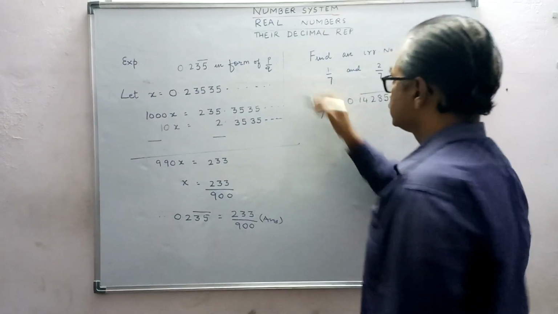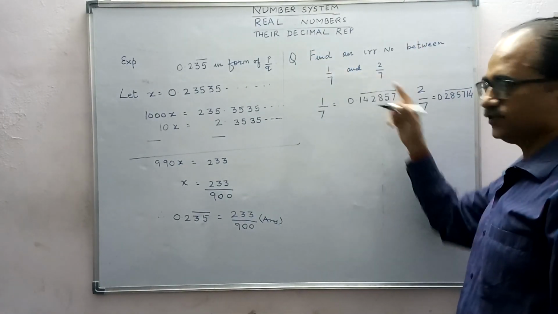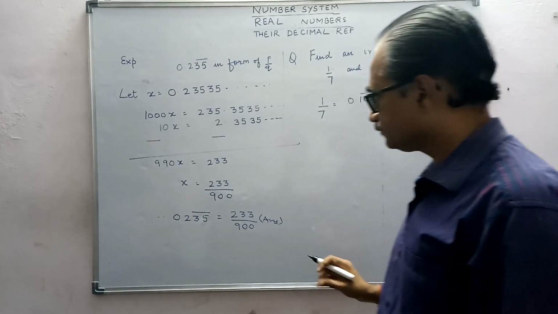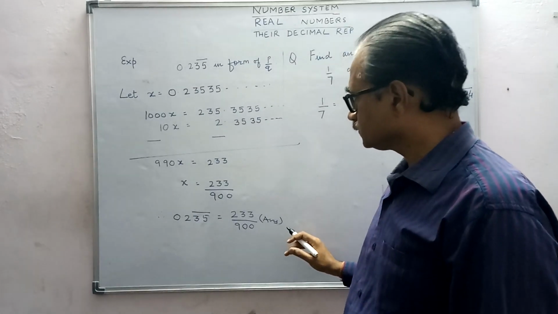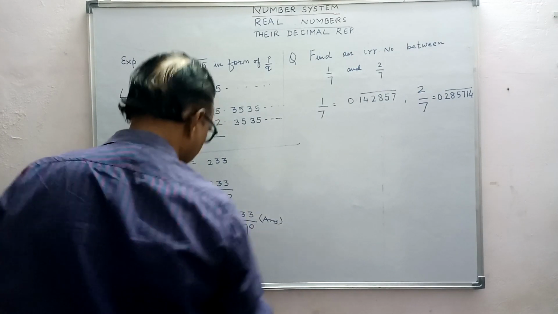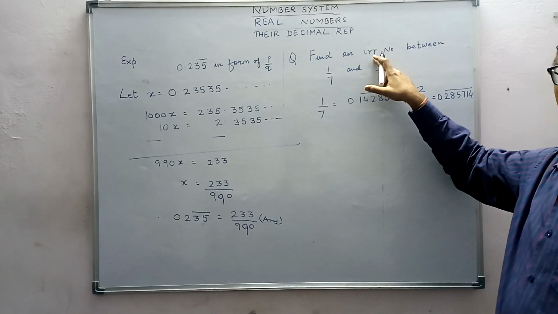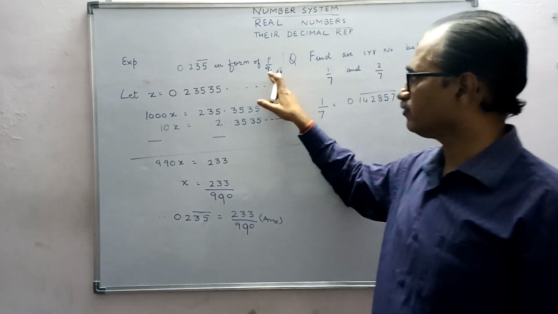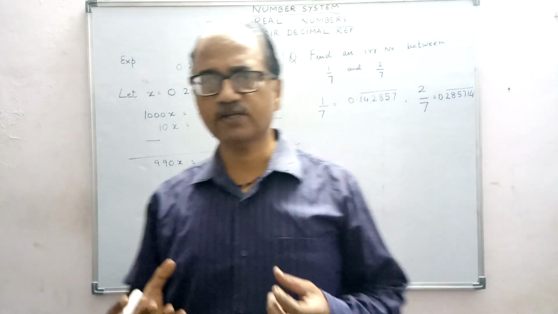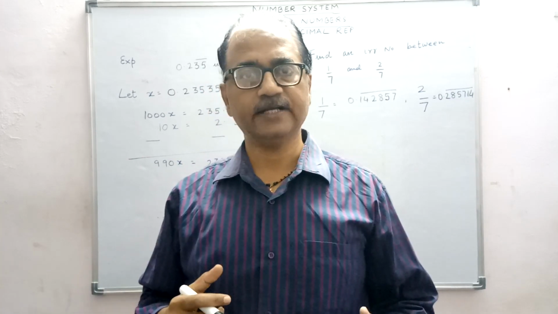Next problem is: find an irrational number between this and this. As we know, an irrational number is a number that cannot be expressed in the form of P by Q. And the numbers in the form of P by Q, that is rational numbers, can be of two types, either terminating or non-terminating.